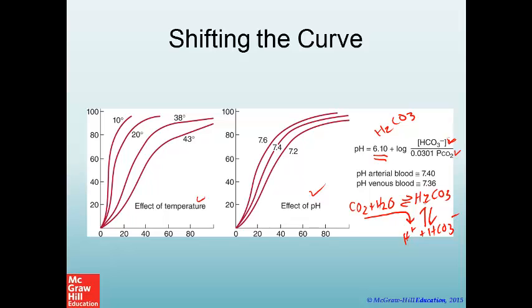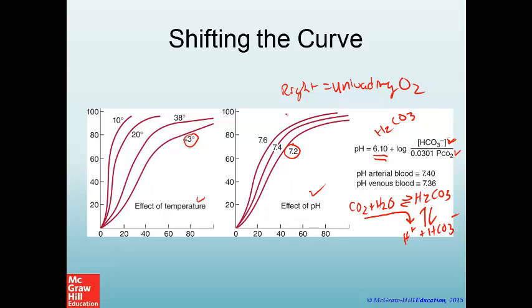So in exercising muscle, the temperature is going to be higher and the pH is going to be lower, and that's going to shift this binding curve to the right so that you can unload more oxygen, because that metabolically active tissue needs more oxygen.